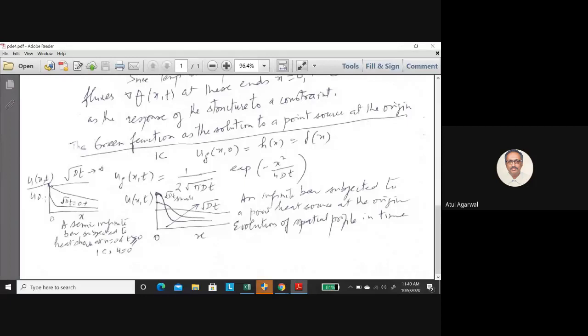If you look at this, when time goes to infinity, it becomes flat. Everywhere you've got the same temperature. I have to check why there is a difference here.